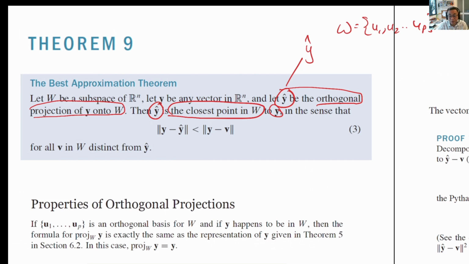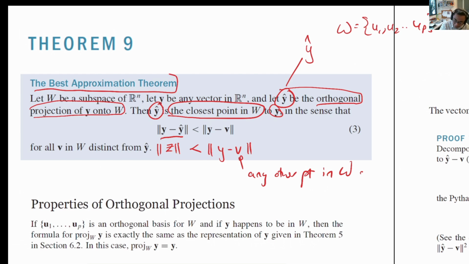It means that we cannot find any better approximation of y in W. In the language of math, the length of the error term, the norm of y minus y hat, is less than the norm of y minus v, where v is any other point in W. This is a very important theorem called the best approximation theorem.